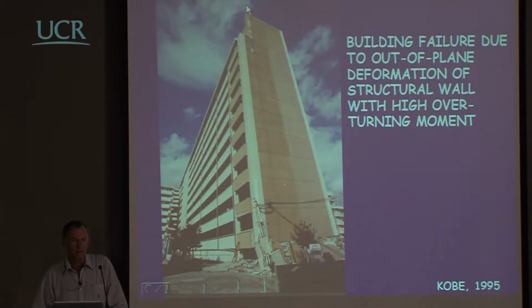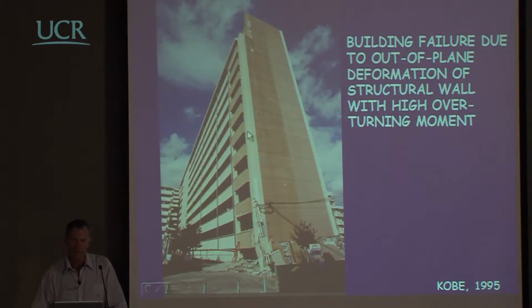And one thing to mention from the start is that there are some potential problems associated with this. And this is a building that was very badly damaged in the Kobe earthquake. In this case, you can see there are walls at the end, and then internally there are frames in the same parallel direction. But in the longitudinal direction, the long direction here, there are only frames.